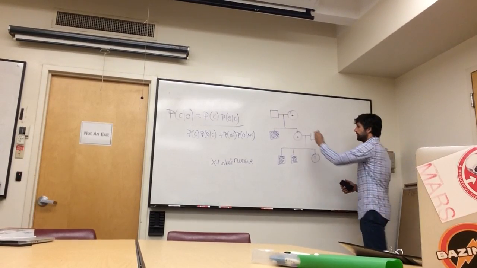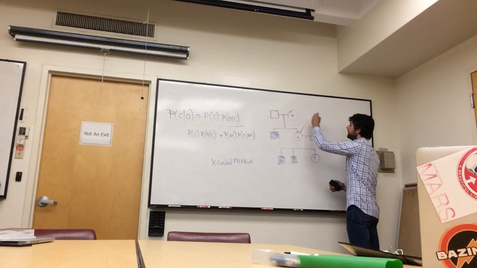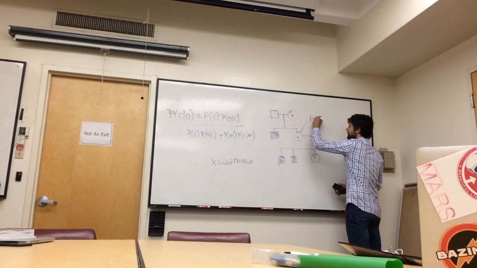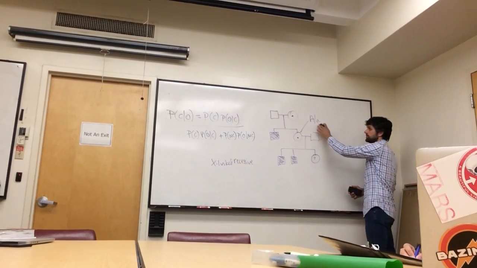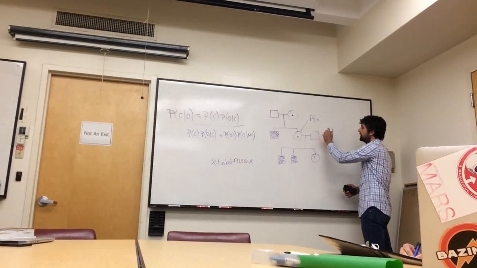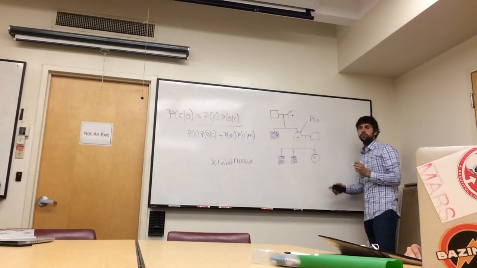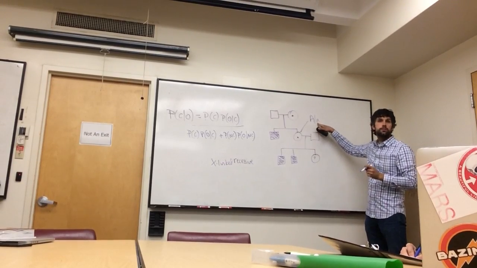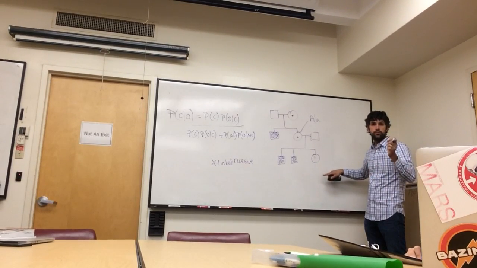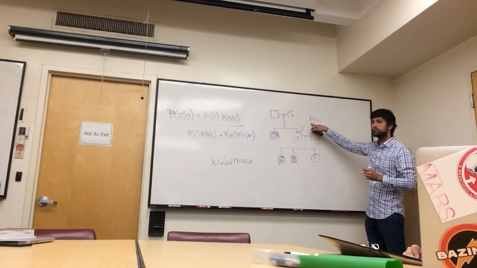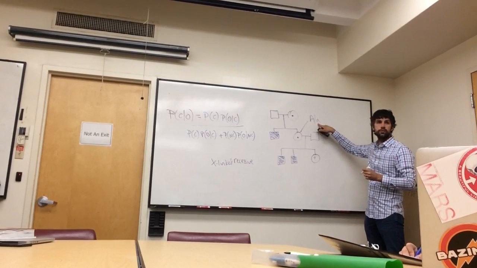Yes. So if this mom is a carrier, so she's not homozygous for the mutation, she's not homozygous wild type, she's heterozygous here. The question is what is the probability that she is going to pass on this bad mutation to her daughter? 50%, right? Because she can either pass on this allele or this allele.